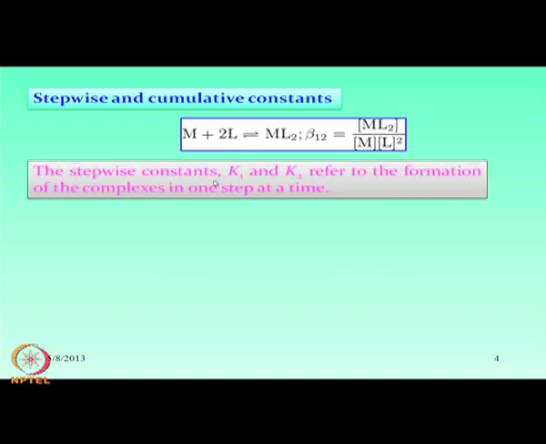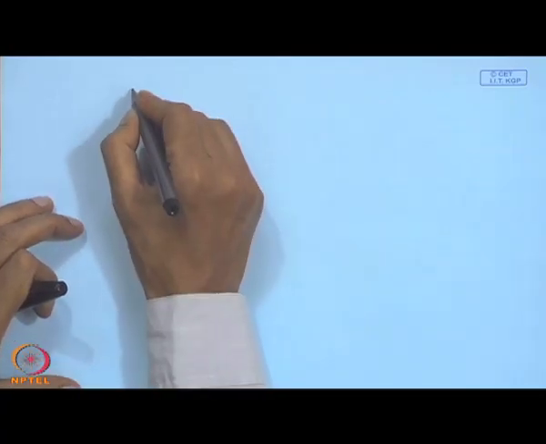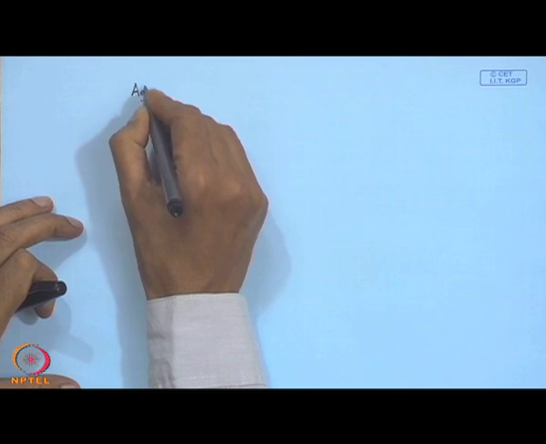So, the stepwise constant, that means in the first step, the addition of 1 L, is also true here, because this particular complex formation is related to the binding of ammonia molecules to the silver ion. So, how does the reaction take place?